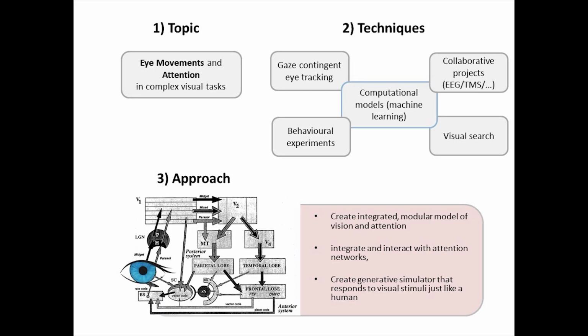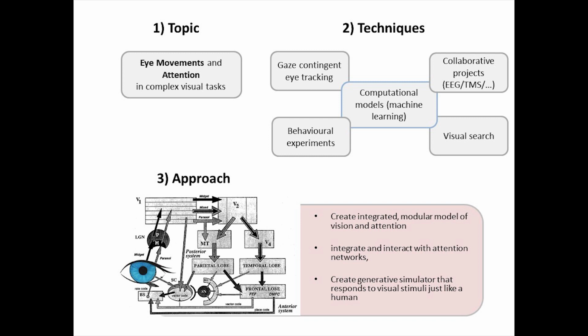My research in general, my topic is focused on eye movements and attention. These are two cognitively complex tasks within the brain, within psychology, and I use a number of different techniques and a number of different approaches to study those. Probably two of the main techniques that I use are eye tracking, because this is the best way that we can get a sense of where people are looking and where people are attending.